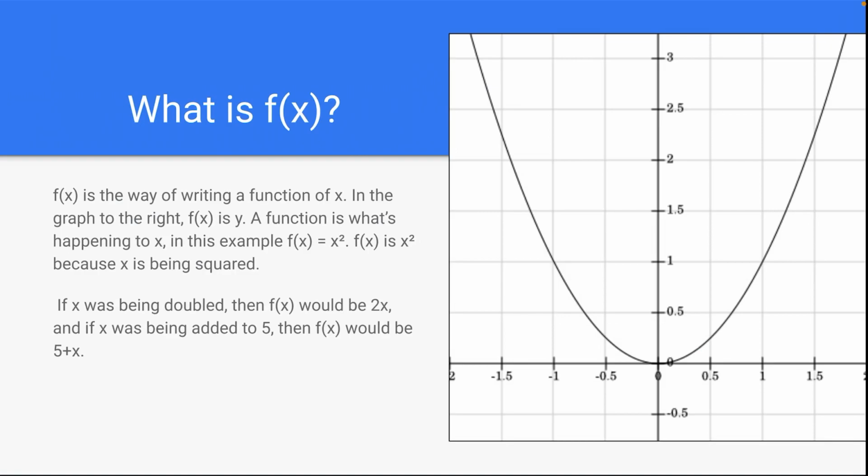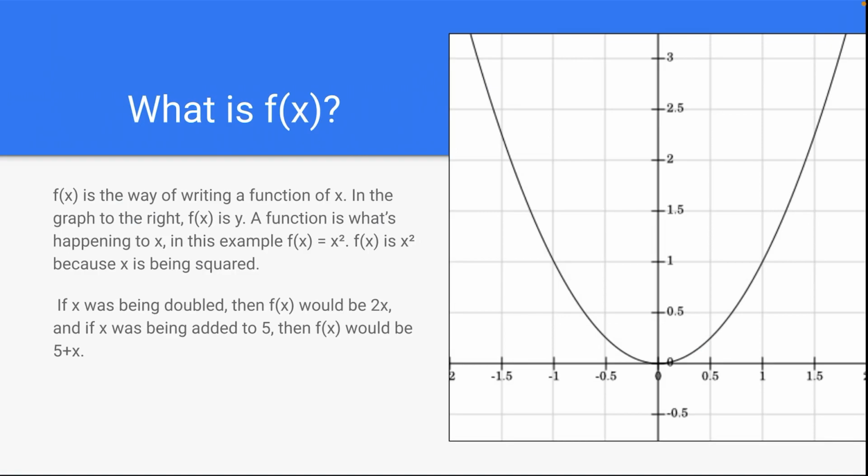What is f of x? f of x is the way of writing a function of x. In the graph to the right, f of x is y. A function is what's happening to x. In this example, f of x is x squared, because x is being squared.